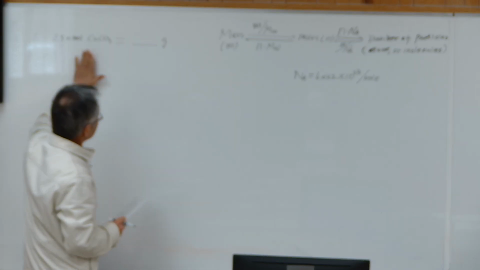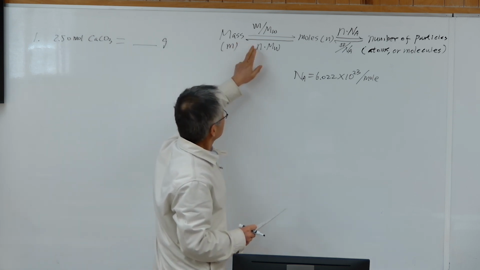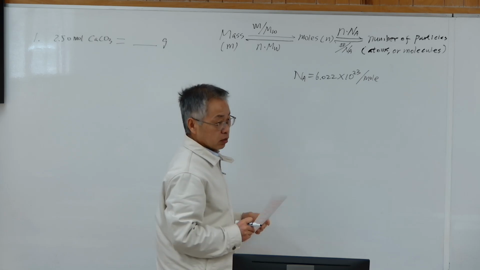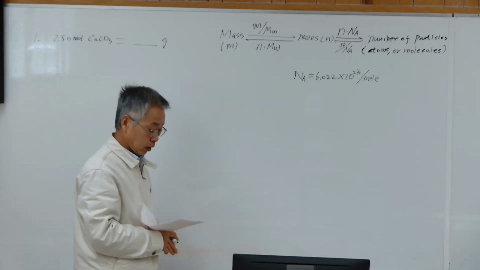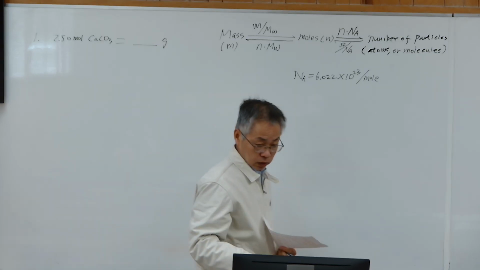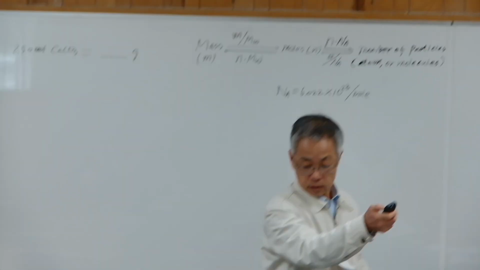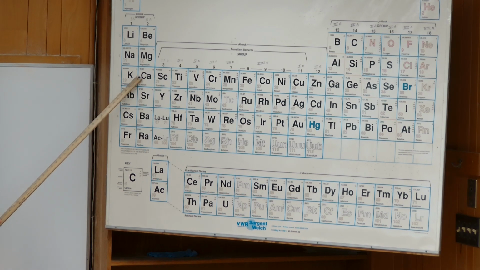How can you find how many grams, which is mass? Moles multiplied by molar mass. How can you find the molar mass? You need to use the periodic table. This periodic table tells us calcium is 40.08.